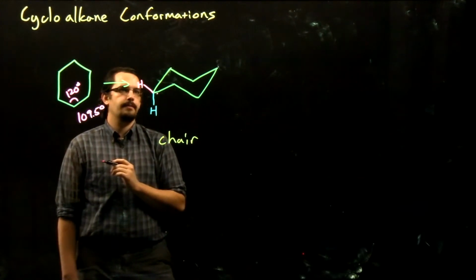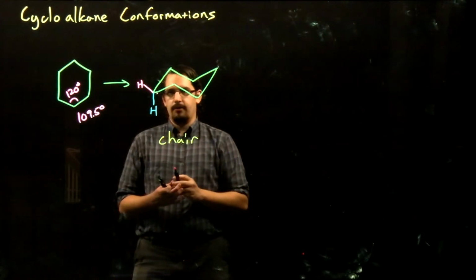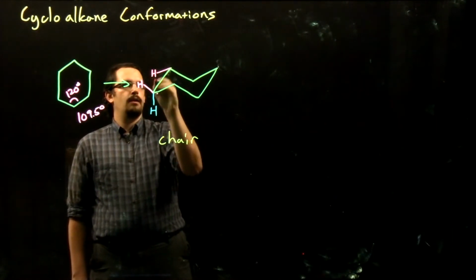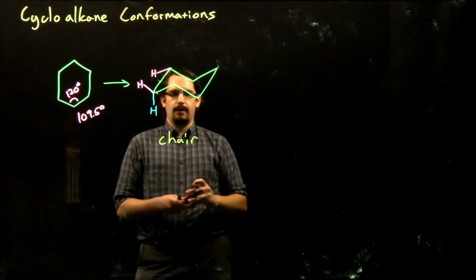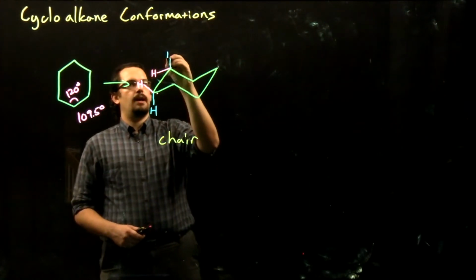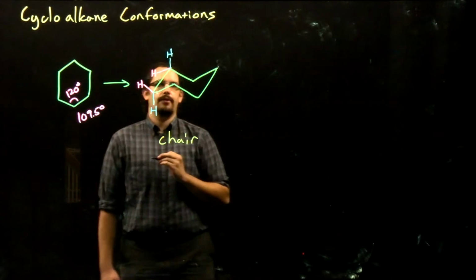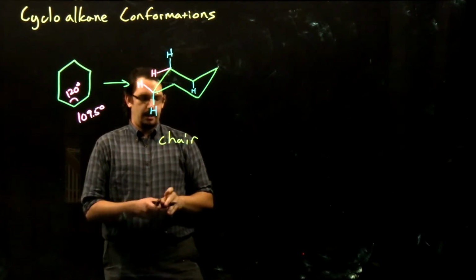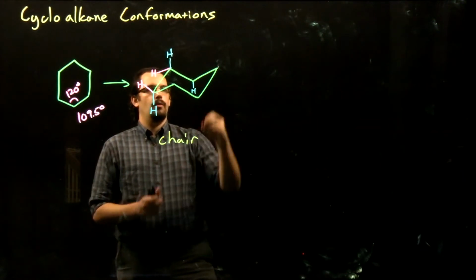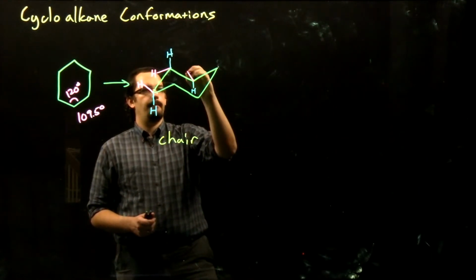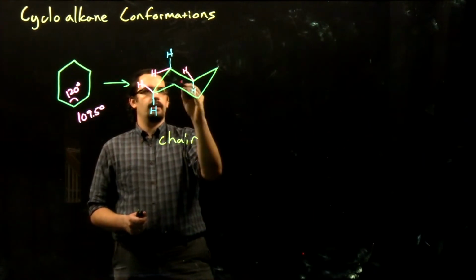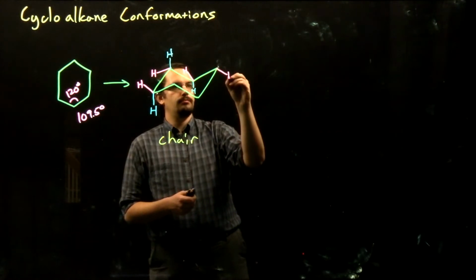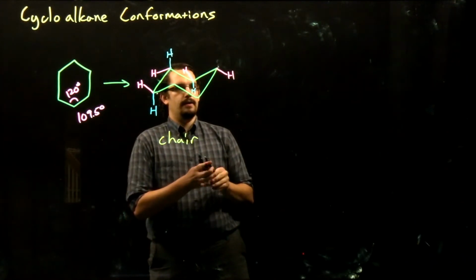If I go over to the next carbon, in order to make that tetrahedral shape, I need one more leg to my tetrahedron coming out here to the left, and then my top leg sticking straight out the top. I'll keep going around. I get one leg coming straight down, one leg going up to get my third leg of my tetrahedron, and so on and so forth.